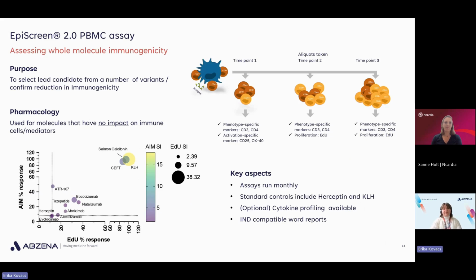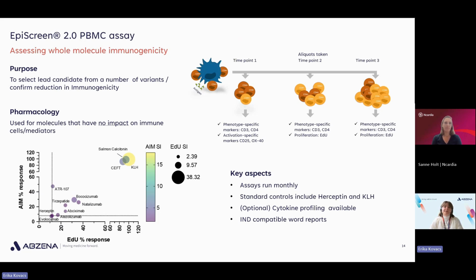To give a more detailed dive into our most common immunogenicity assessment platform, the EpiScreen 2.0 PBMC assay. It's called EpiScreen 2.0 because a few years ago we completely relaunched this platform, and instead of a bulk single endpoint readout assay, we now have a flow cytometry based approach.